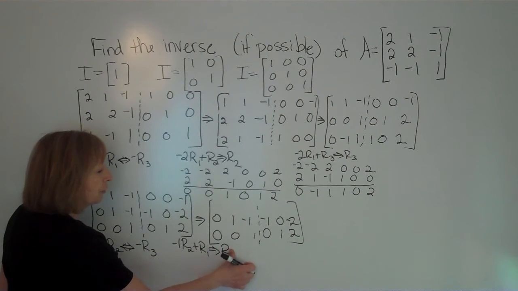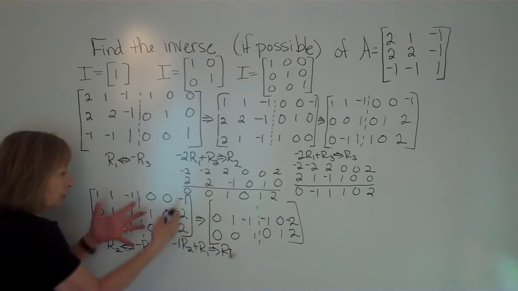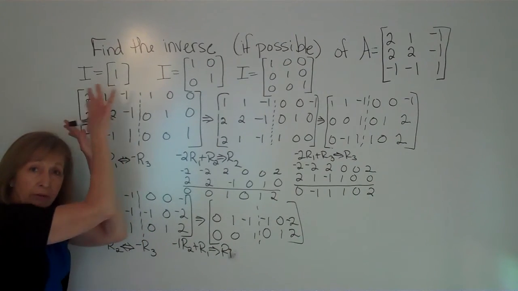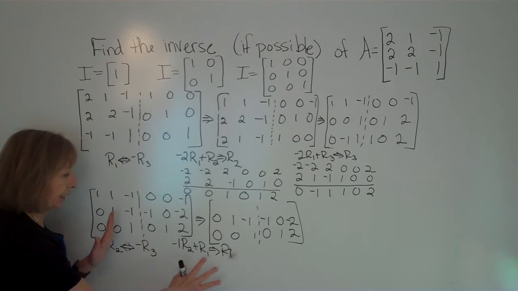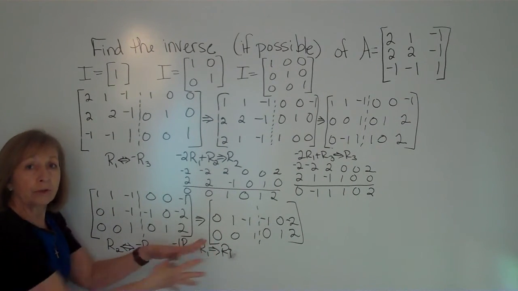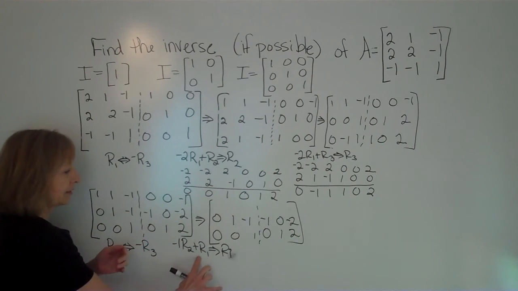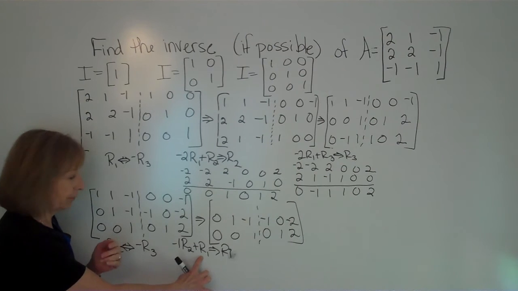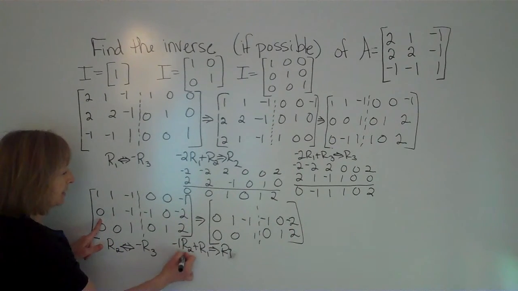So negative 1 times row 2 added to row 1 gives me my new row 1. And whenever you're doing these row operations, you're doing them on the current rows that you have. You never look too far back into the process. It's where you are currently working. And your multiple of your row added to another row, you always do that on scratch paper and then put the replacement in the row that it got added to. So negative 1 times row 2, well, negative 1 times 0 is 0.